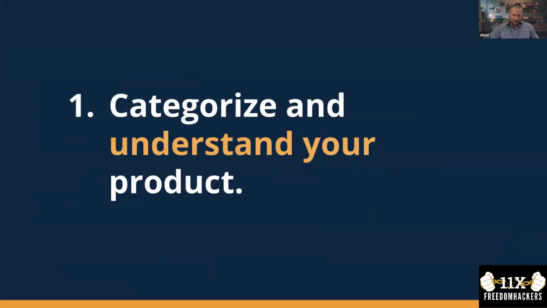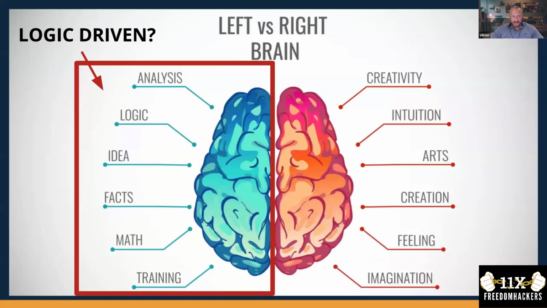Okay. So first, categorize and understand your product. This is the most underestimated or overlooked thing, in my opinion, because we have two sides of the brain, right? Left and right brain. The left one is the logic-driven brain.